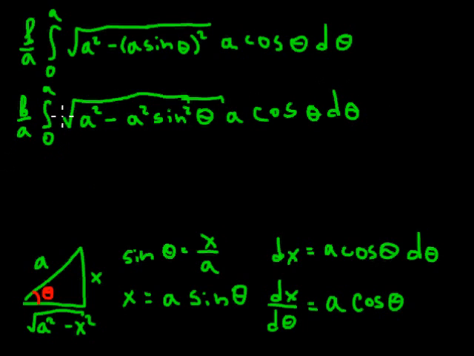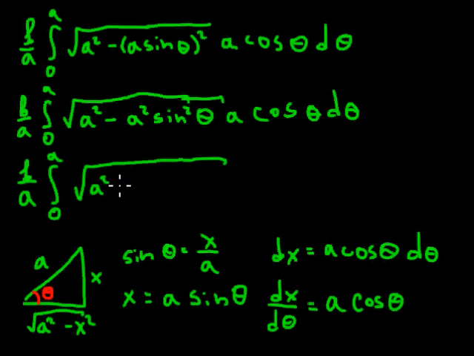Let's simplify it more. We factor out a squared, and we get 1 minus sine squared theta, and we have still this thing, a cos theta d theta.